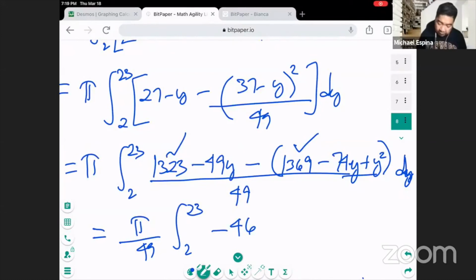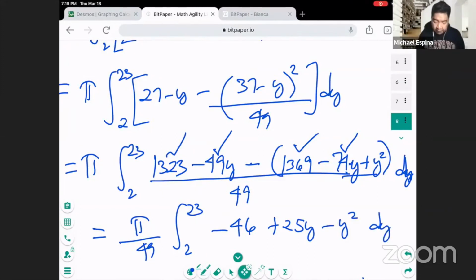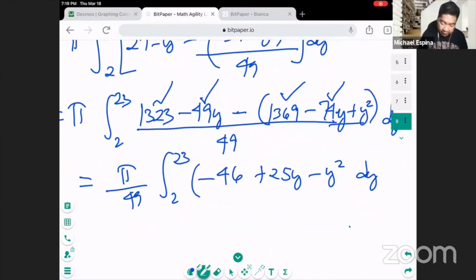And then we can combine 74 and 49. So this becomes positive, right? So 74 minus 49, so that is plus 25y. And then the y squared, because of this, becomes negative. So it is now the simplified form of our integrand.